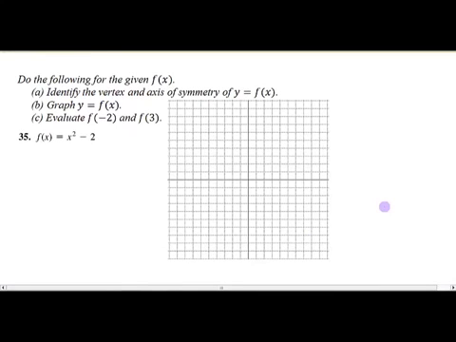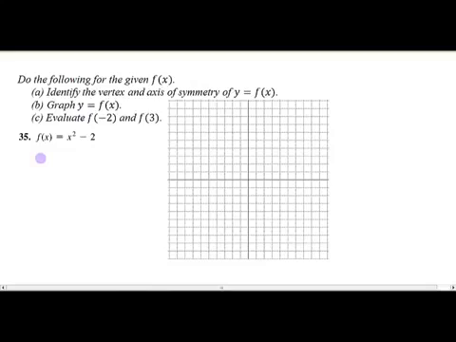So let's do the following for the given f of x. Identify the vertex and axis of symmetry of y equals f of x, and then we'll graph y equals f of x and evaluate f of -2 and f of 3. So first, identifying the vertex.